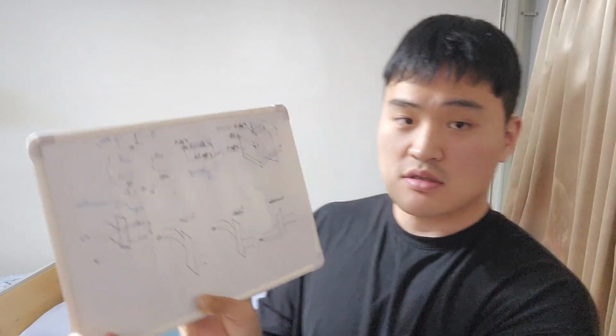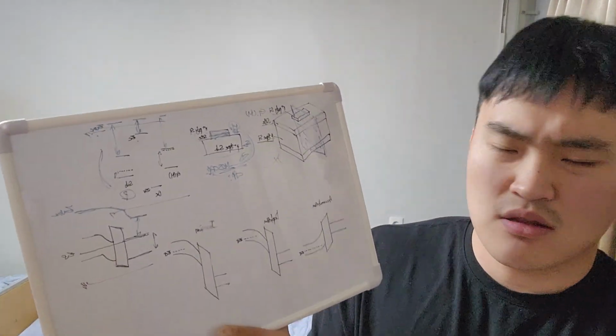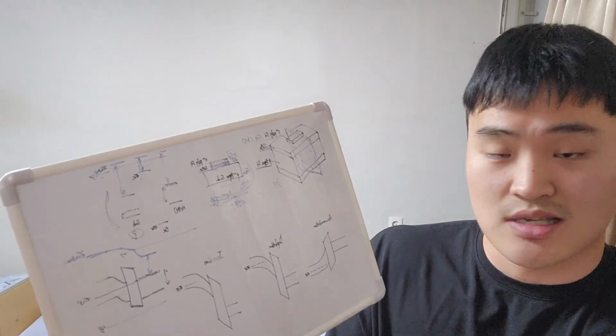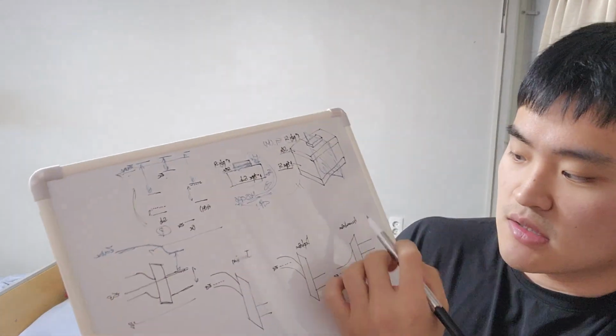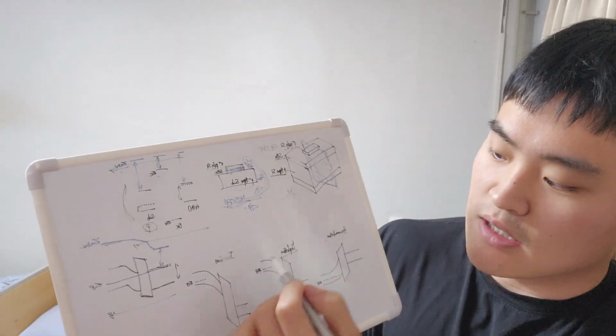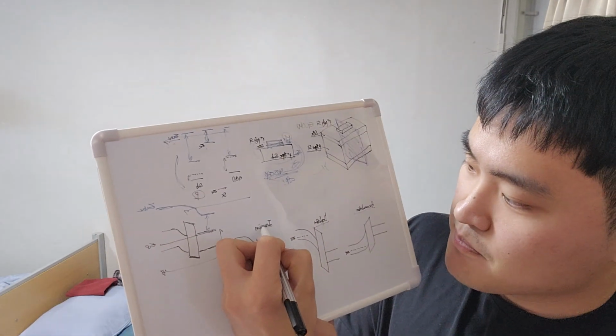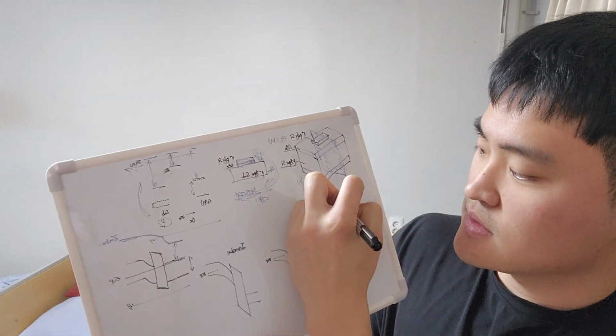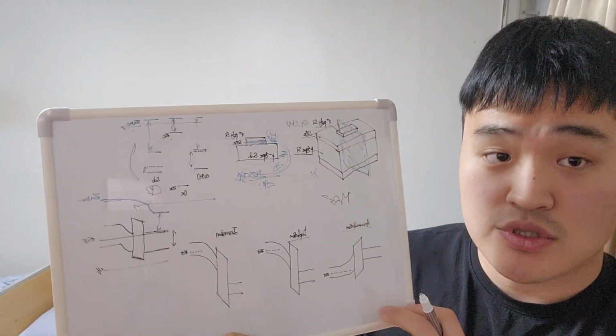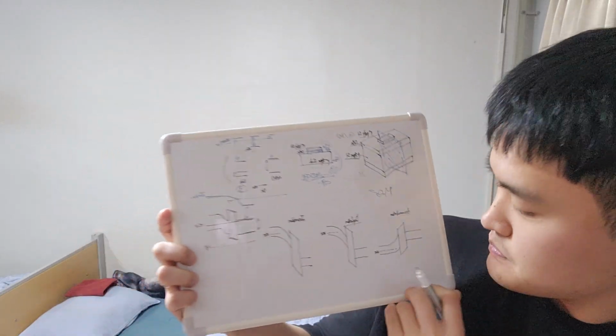And now we're going to talk about the behavior. I don't know if I should say behavior, but we're going to talk about the accumulation, depletion, and inversion of the MOS cap, which uses p-type as the substrate.